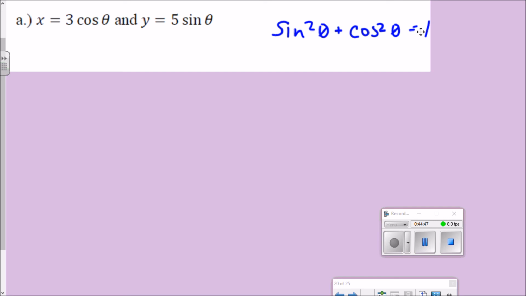So if I can make it equal to sine squared plus cosine squared, then voila, I've got my 1 on the right-hand side. So here's what I'm going to find. I'm going to find cosine and I'm going to square it. I'm going to find sine and I'm going to square it. So what do I have? I'm going to have cosine theta is equal to x over 3. Sine theta is equal to y divided by 5, and I'm going to square both.